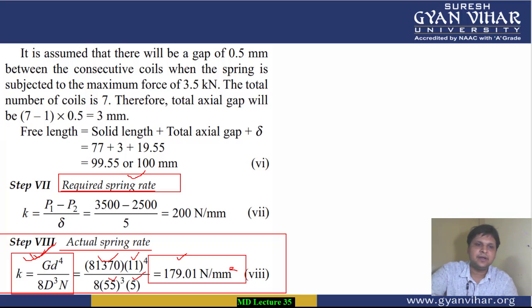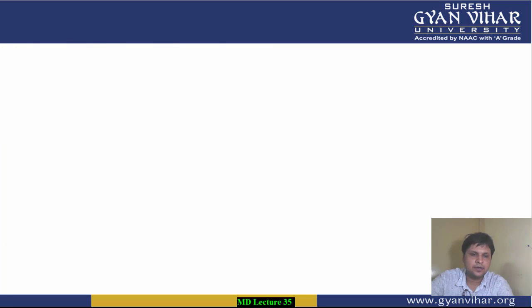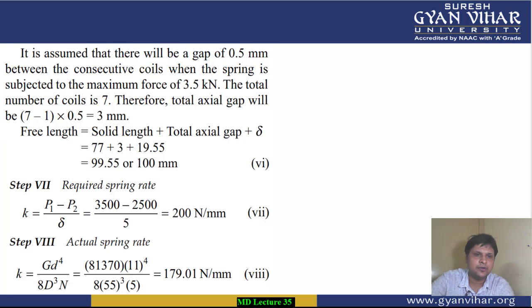This is the actual spring rate and this is the required spring rate which we have calculated by this formula, and this is the actual spring rate. K is equal to G D to the power 4 upon 8 D cube N. So you can see there is difference between these two values which we have calculated. So this was the numerical. So in this way we have solved the numerical.